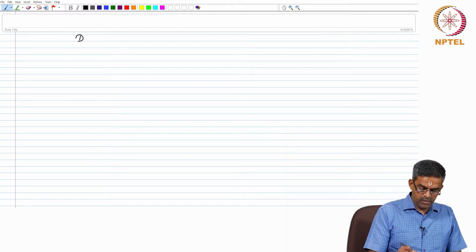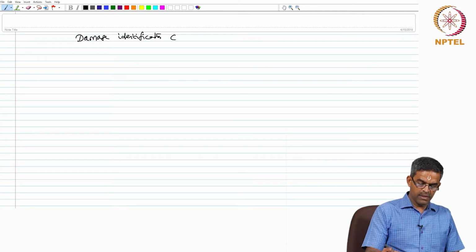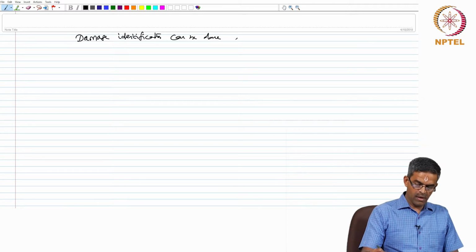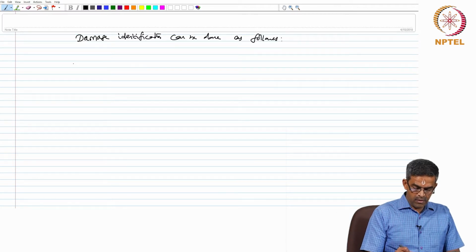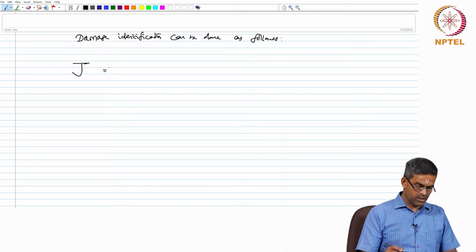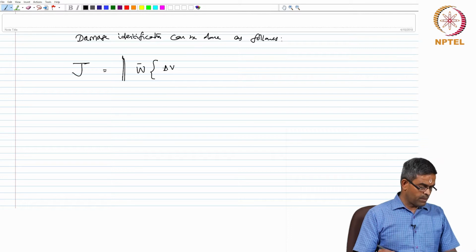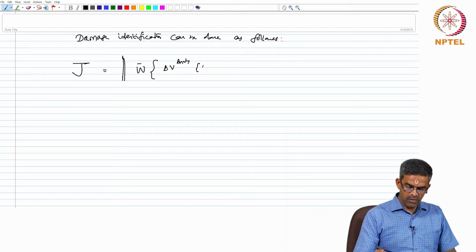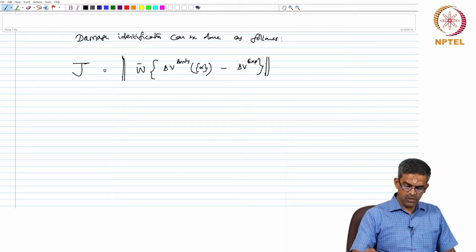Therefore, damage identification can be done as follows. J will be equal to some function which will be the weighted value of change in modal parameter from the analysis of alpha minus change in modal parameter of the experiments, and square.